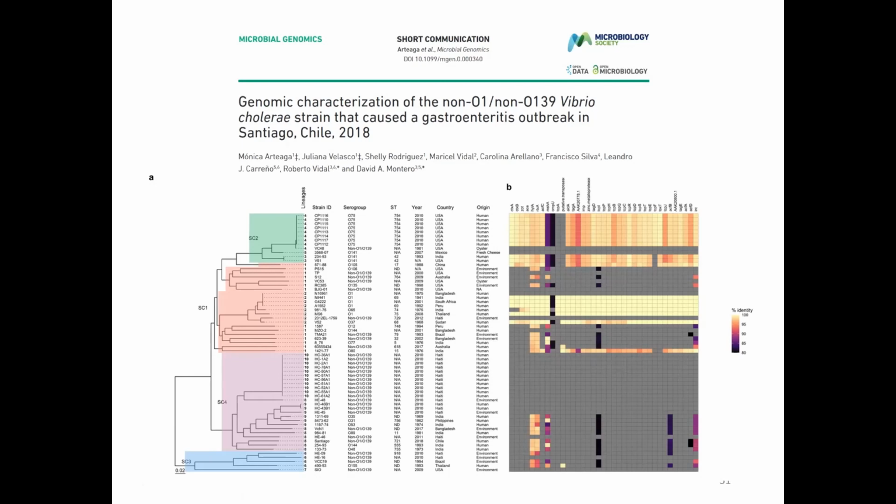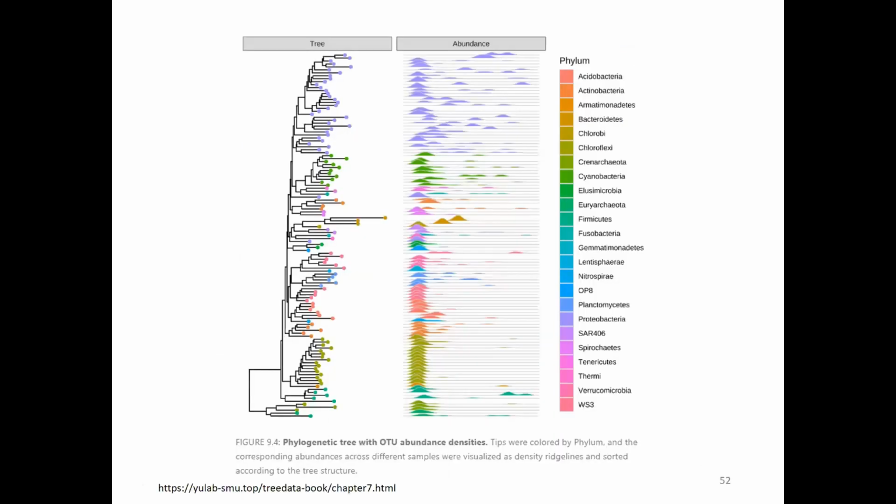And if you're interested in learning gheatmap, there's actually a workshop that should be available from last year, where we made a similar, more simple heat map. This is another example of a phylogenetic tree using microbiome data and the abundance.